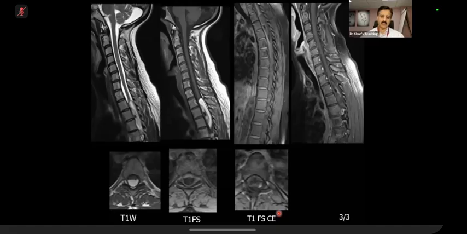Now, interestingly, this is another dermoid. We got a secondary opinion from a tertiary neuroradiologist on this case, and some of the gurus think that because there is a bit of enhancement, it might be a teratoma.